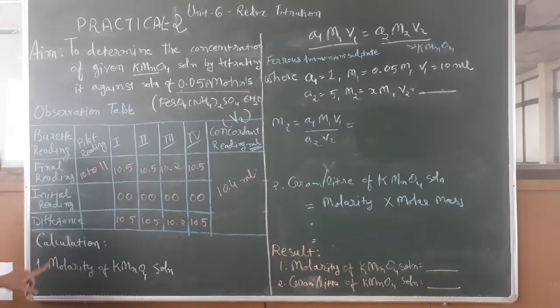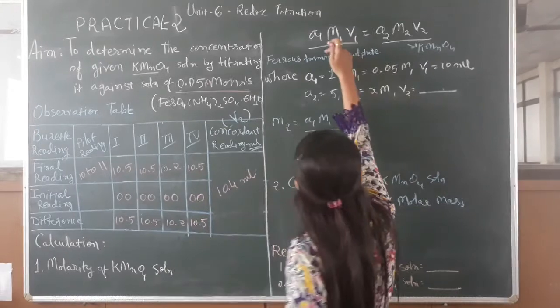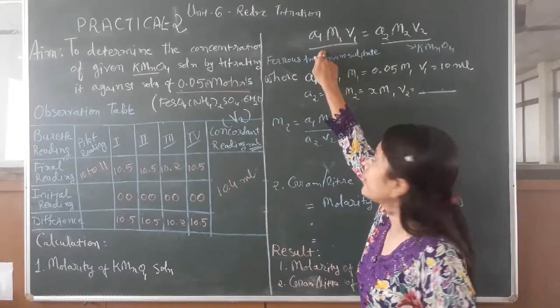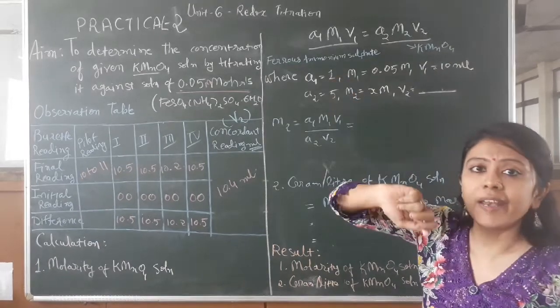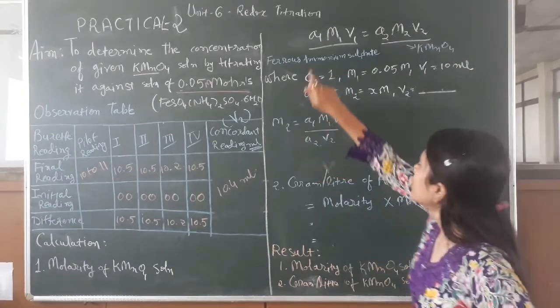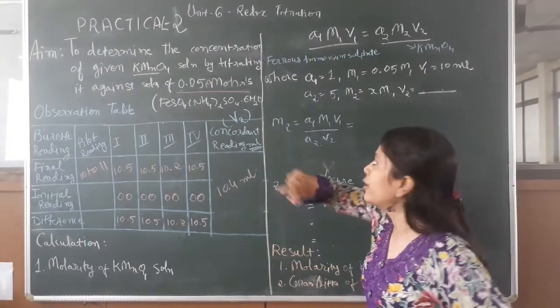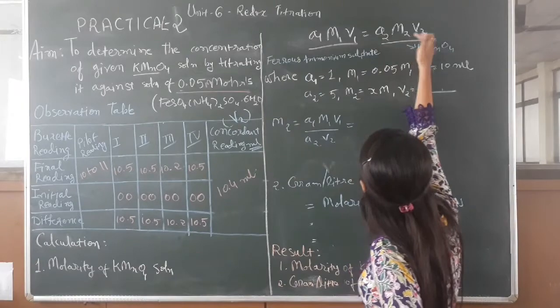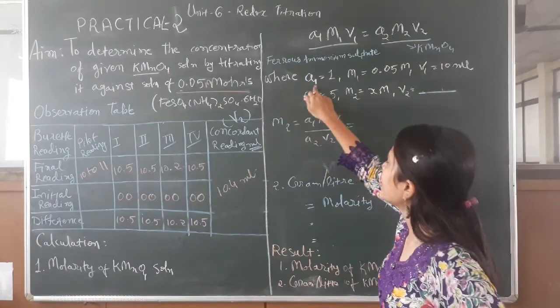For calculation, molarity of KMnO4 solution. Here A1M1V1 is equal to A2M2V2. A1M1V1 is for ferrous ammonium sulfate and A2M2V2 for KMnO4, where A1 is equal to 1.